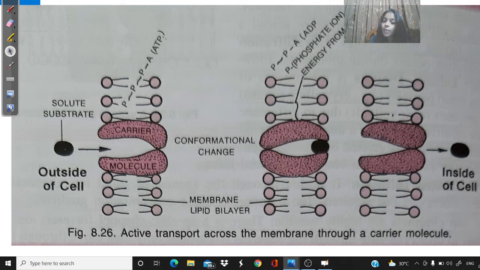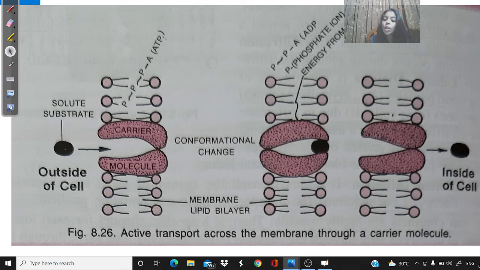Due to this, the carrier protein or the permease undergoes a structural transformation, a conformational change, and then the transportant or the solute reaches the other side of the membrane and then goes inside the cell.